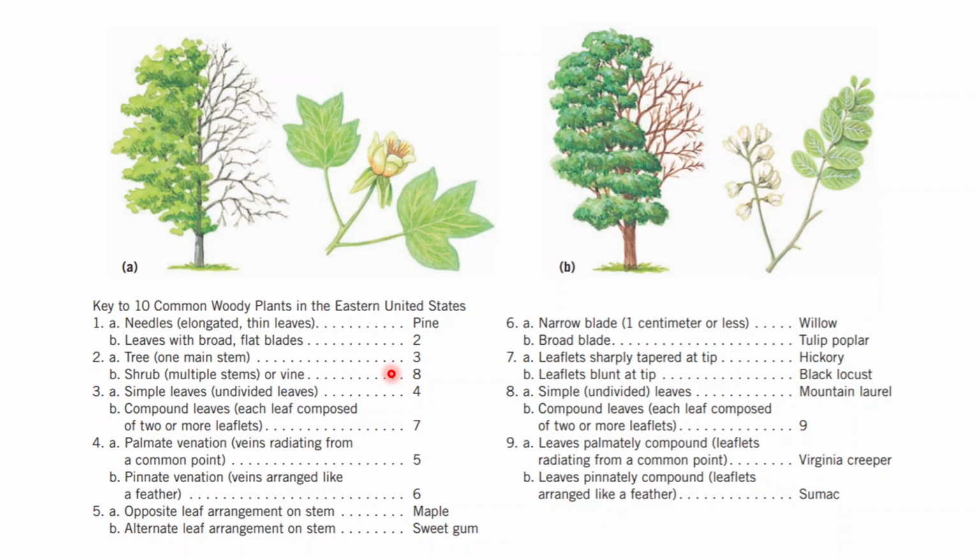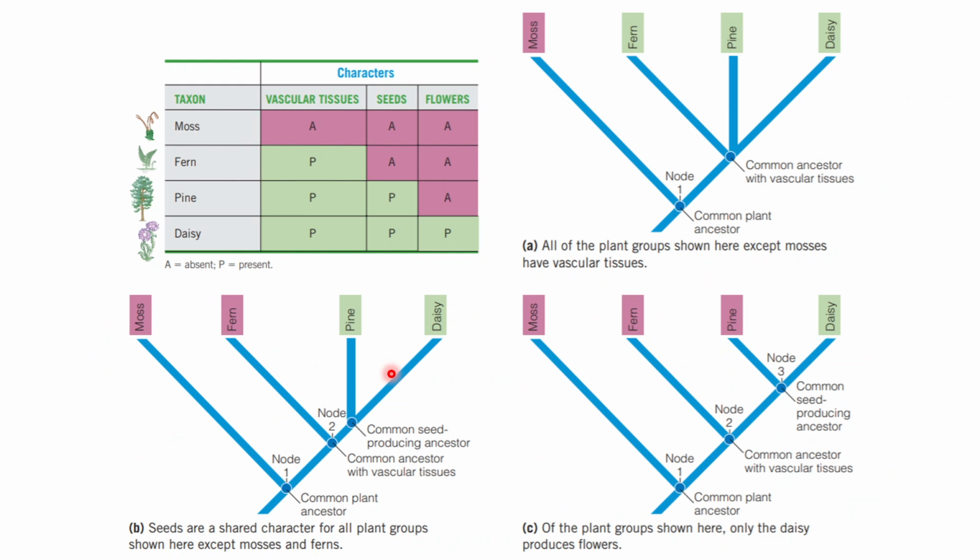Cladists develop branching diagrams called cladograms. For example, a daisy is more like flowering plants because it has flowers, rather than the ferns.